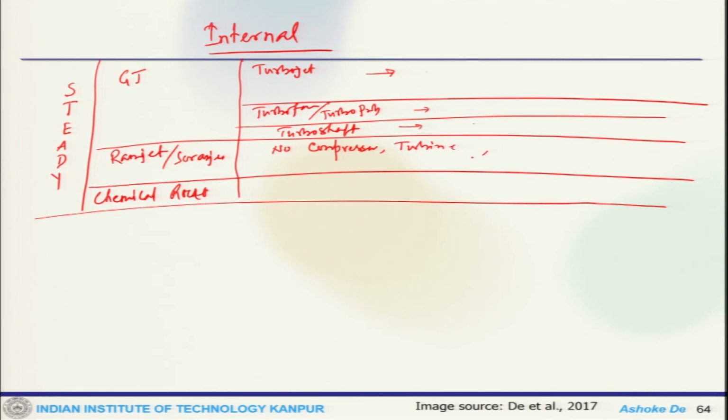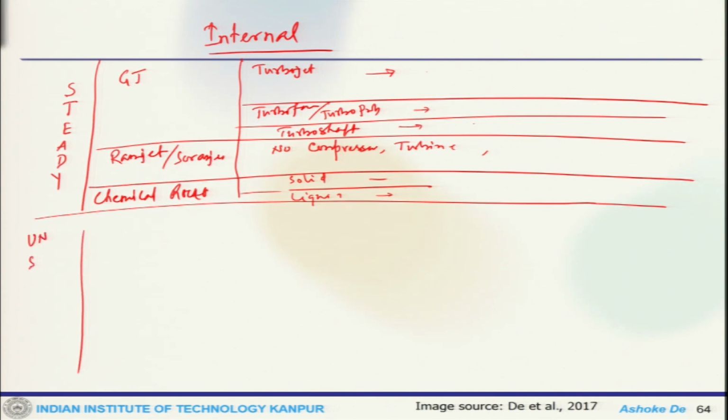It uses high Mach number ram effect for compression. Chemical rockets, there could be again two types, one is solid, another could be liquid fuel. Solid fuel, fuel and oxidant are premixed and placed in the chamber, whereas in the liquid case fuel and oxidant are pumped separately to mix in the chamber.